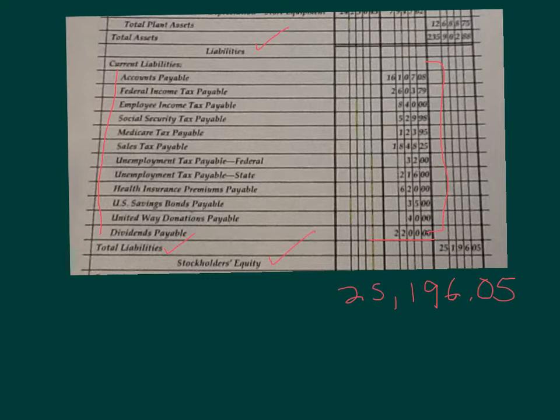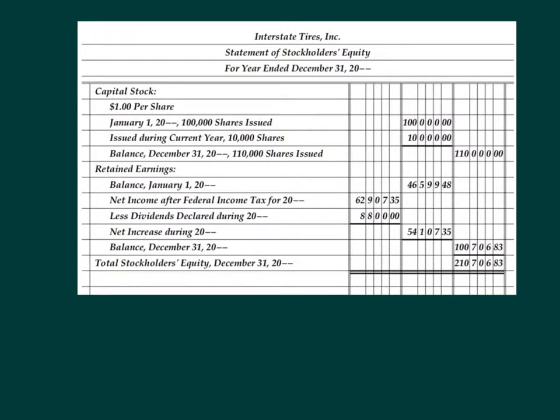The next title that you're going to input below your total liabilities will be your stockholders' equity account. And this information will be gathered from your statement of stockholders' equity prepared in Section 3. Now you're going to refer to your statement of stockholders' equity from Work Together 15.3. You will pull out your capital stock total of $110,000 and your retained earnings, that value being $100,706.83.